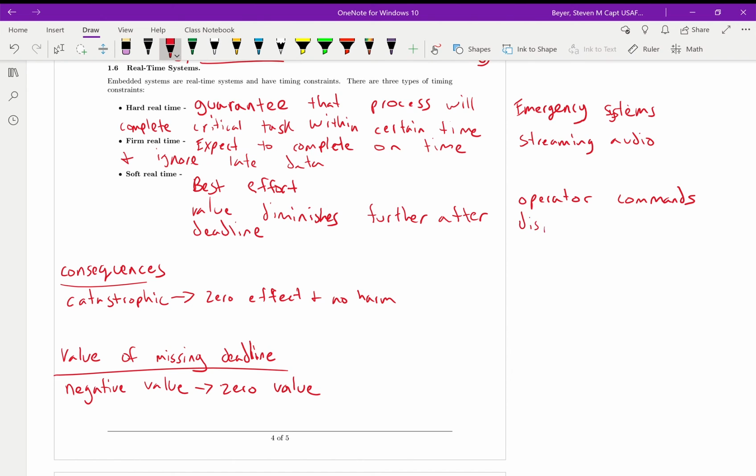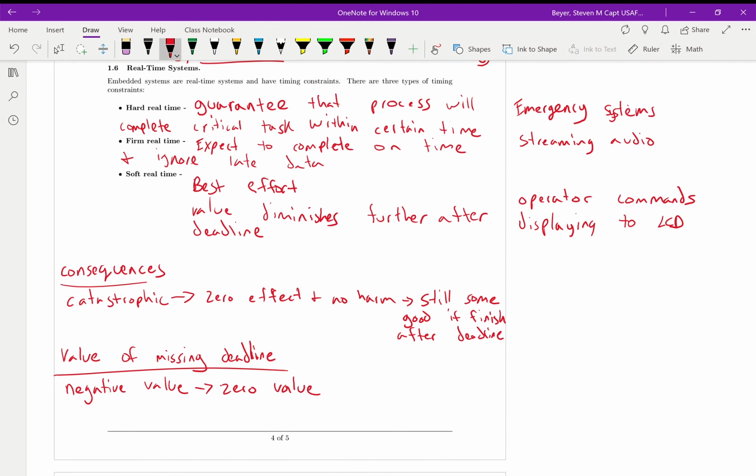The other idea is displaying to an LCD. Our eyes can only see so fast, and over time, yeah, it'll get really bad, but right away, no big deal. So still some good if we finish after the deadline.